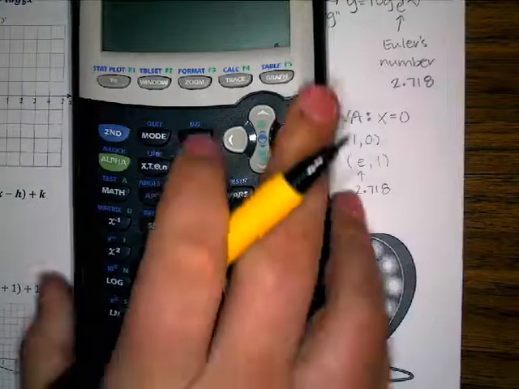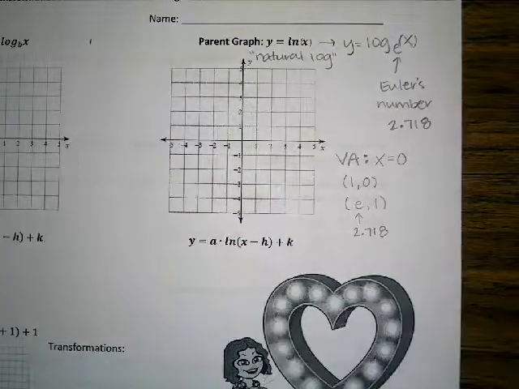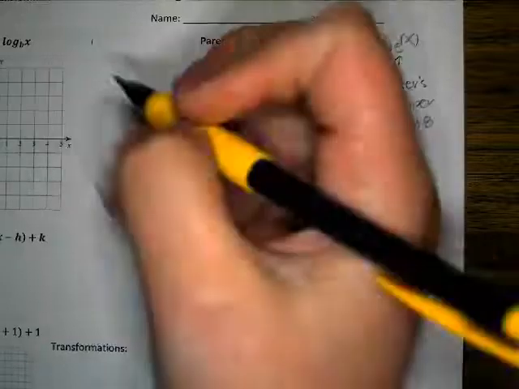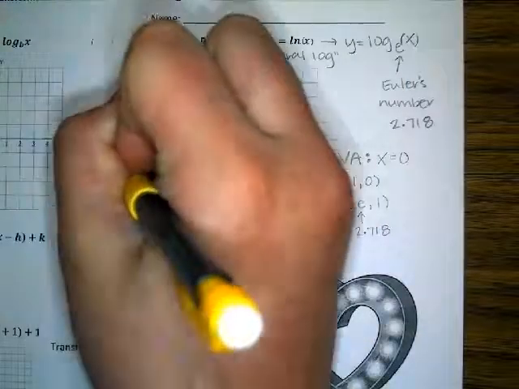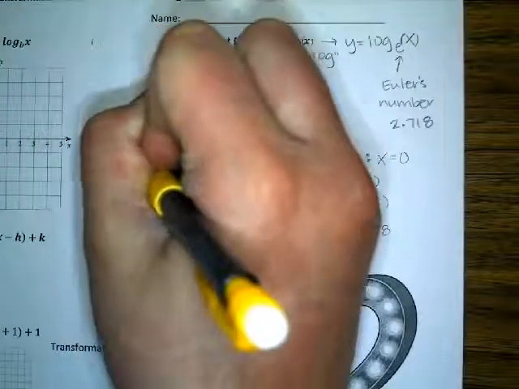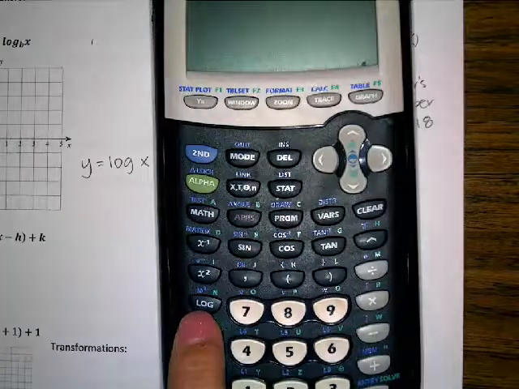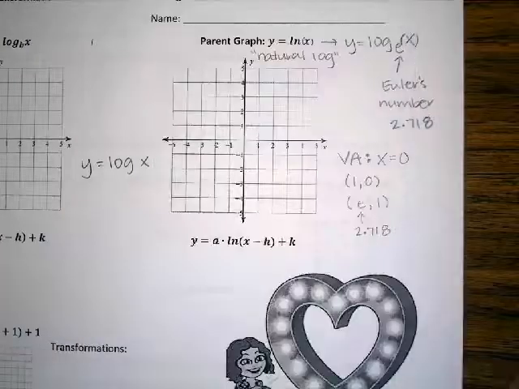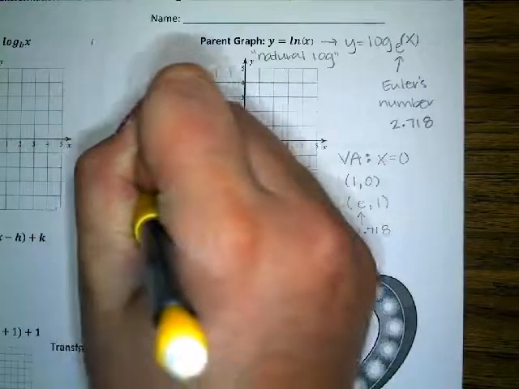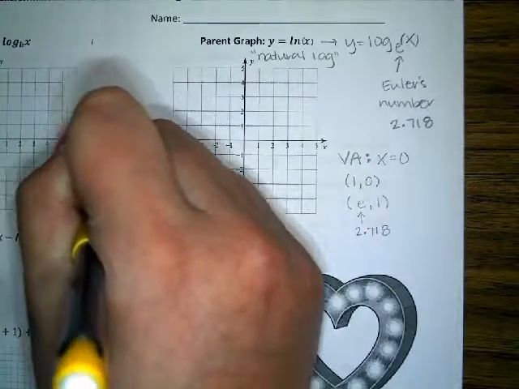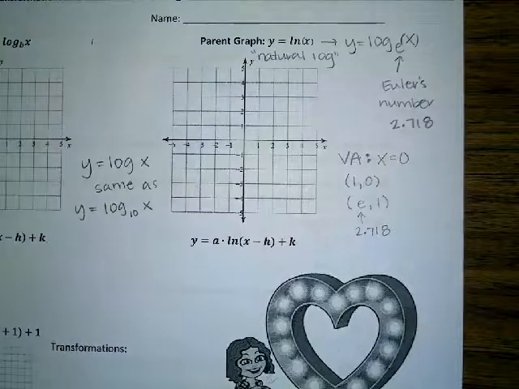Now, another thing that is important for us that we did not learn in the notes, but is going to be good to know, is that y equals log x. This is just the log button on your calculator. Y equals log x is the same as y equals log base 10 of x.